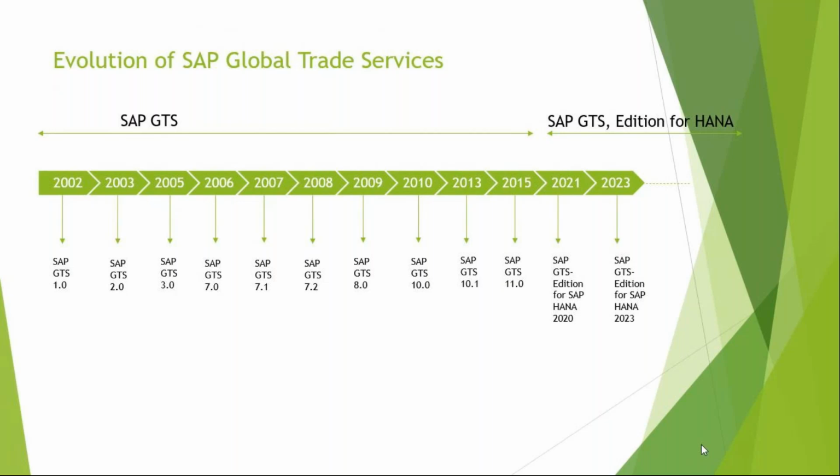And please remember, it is an ongoing process: every 2 years, that's the SAP plan, SAP is going to introduce a new version. So let's see a brief introduction about SAP GTS Edition for SAP HANA.